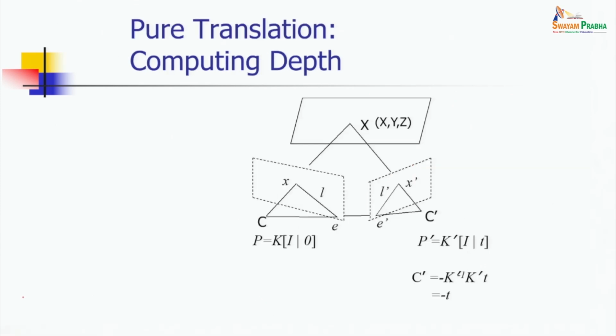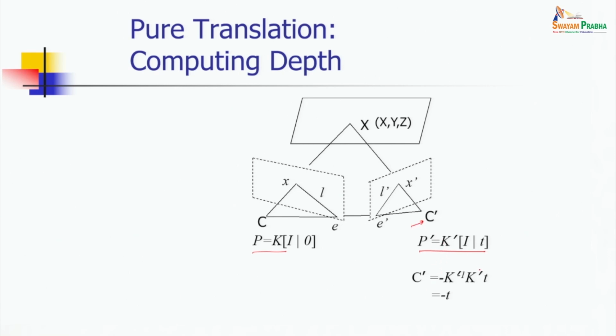So we will further compute this case of pure translation, relating the depth information under pure translations with that understanding. So we see once again that this is the camera, and these are the projection matrices, or the camera matrices. From there, I can compute the camera center.